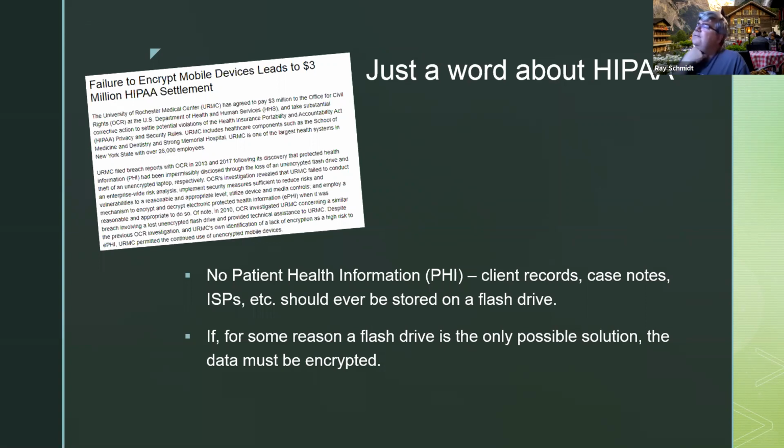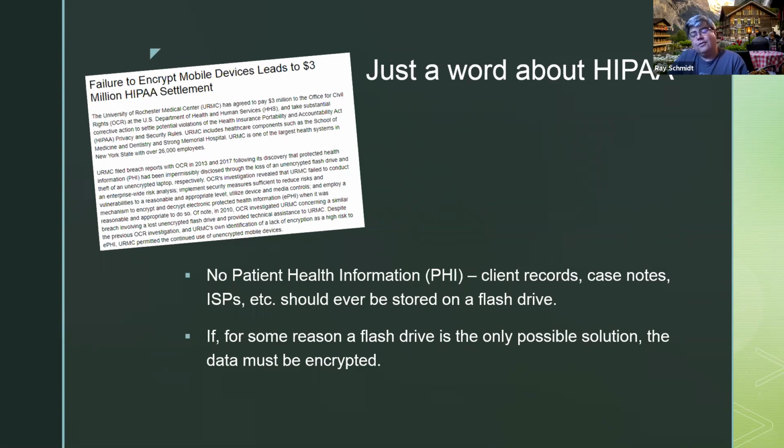In our case, let's say as an example that somehow we put our entire database of individuals on a flash disk. If we lost that, it would be considered a major HIPAA breach and require us to notify every family, to notify local news agencies, and to file directly with HHS that we had a HIPAA breach over 500 people.